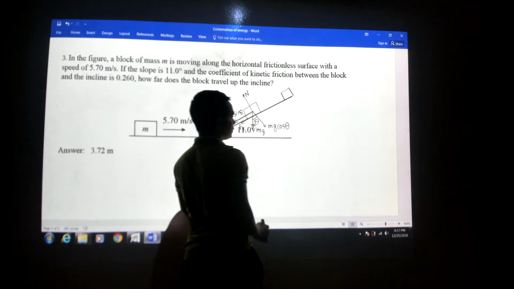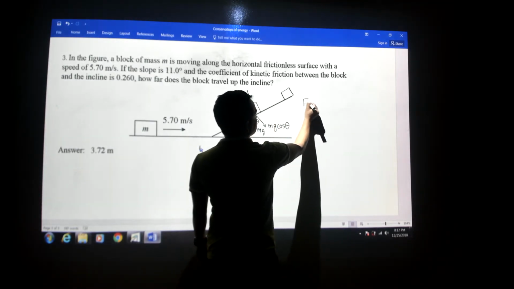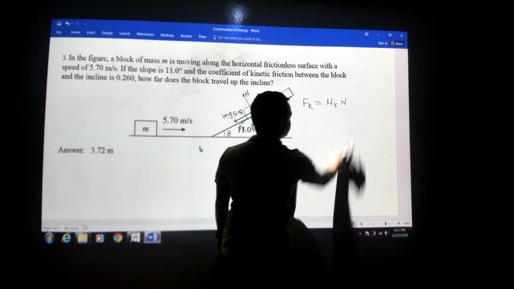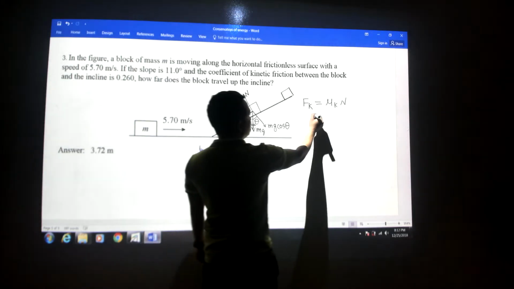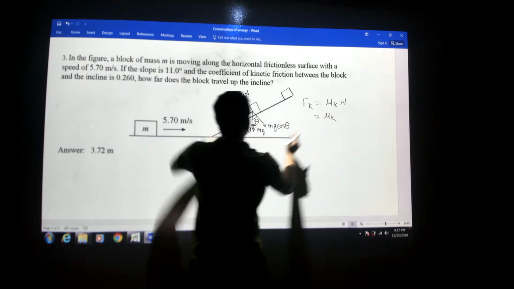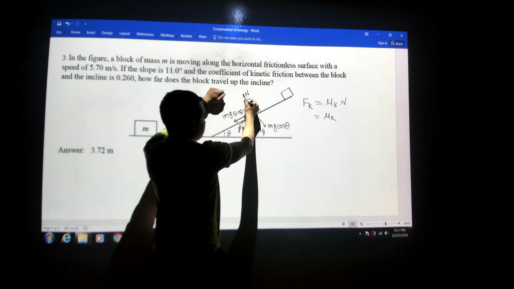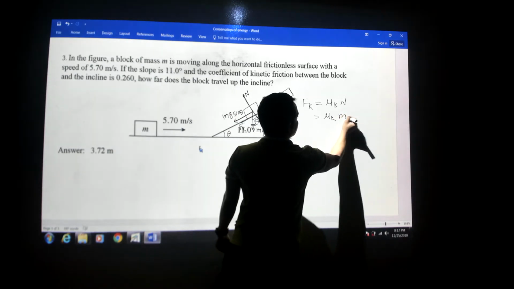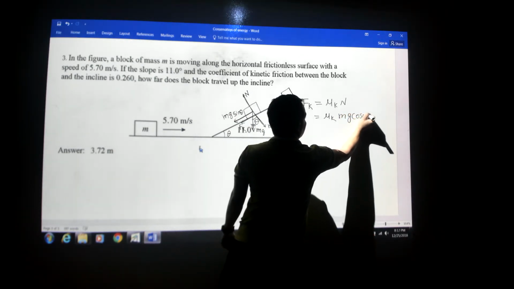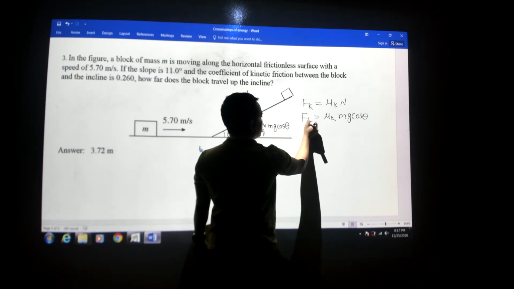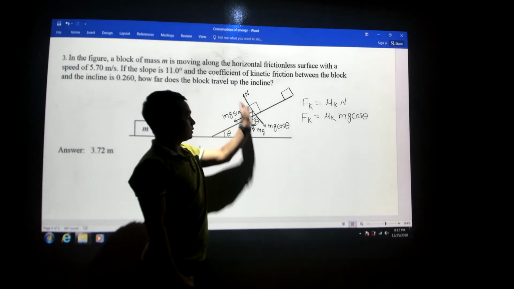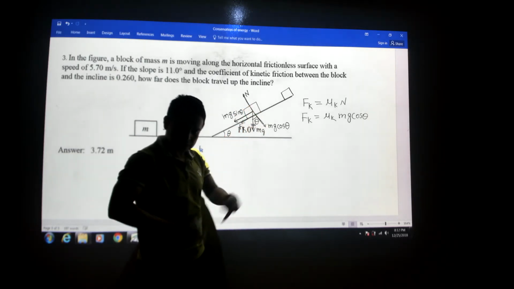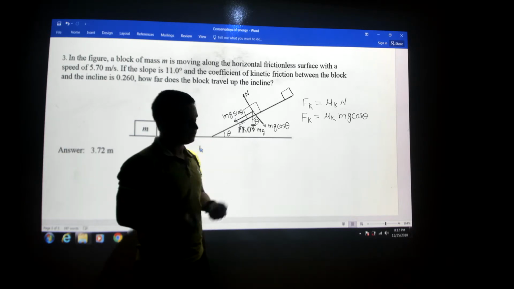First, let's find out what the friction force is. The friction force is equal to mu k times N, the normal force. This normal force is equal to mg cosine theta. Because all the forces in the perpendicular direction have to be equal, since the system is not moving in the normal direction.